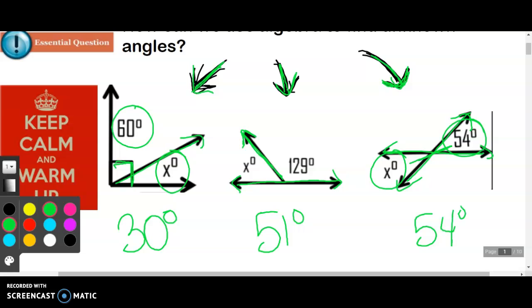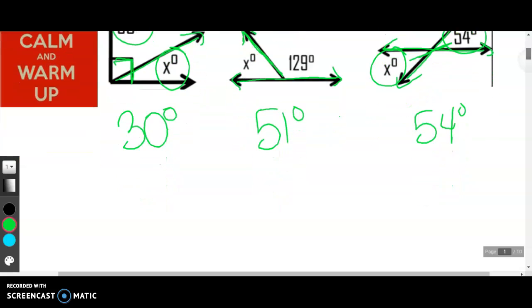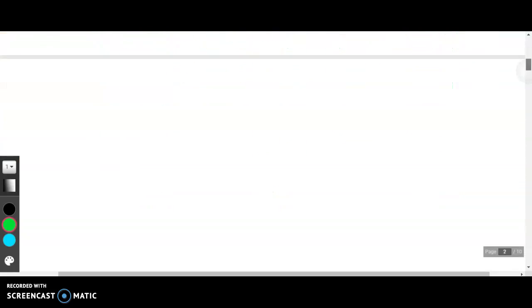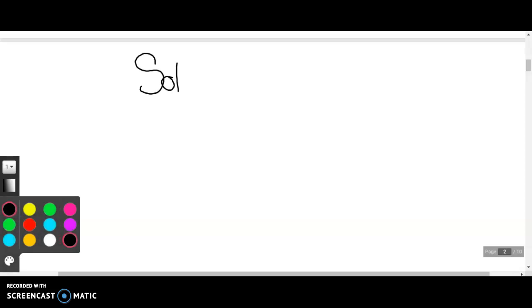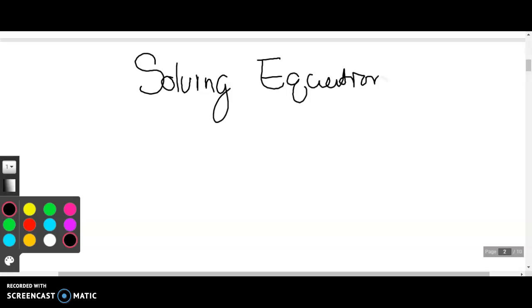Now, our algebra is going to get a little more involved than just x by itself. So let's go over our steps to solving equations. Hopefully, these 5 steps, I'm actually hoping that everyone here that just saw me write down solving equations groaned and said, oh, I'm going to have to write this down again.